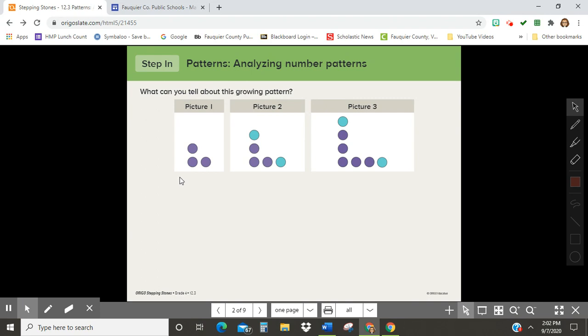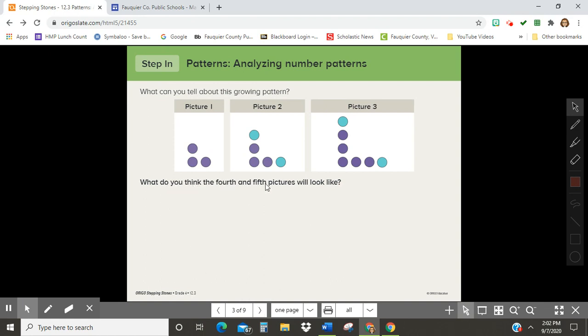So in the first picture, it looks like they're just adding 2, right? They're adding 2 to each picture, because it starts with these 3, and then they're adding 2, and then they're adding 2 again.